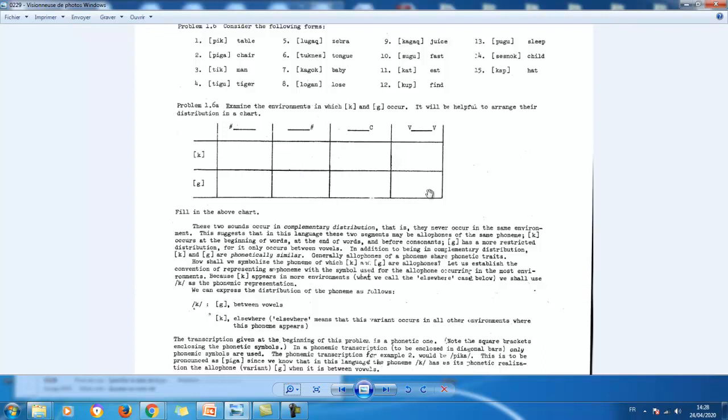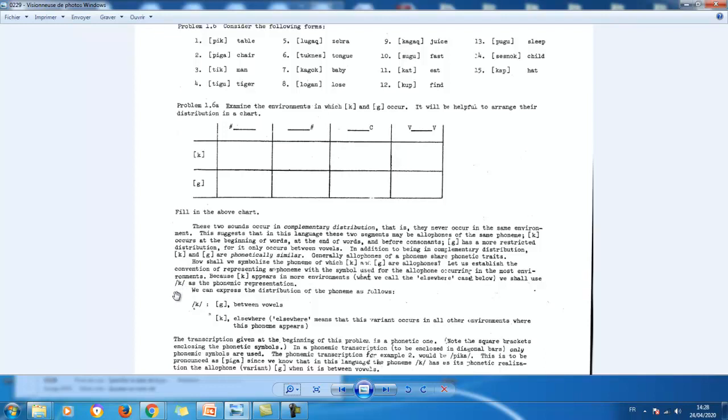It occurs only in this particular context between two vowels here. So because k appears in more environments, what we call the elsewhere case below, we shall use k as the phonemic representation, which means that k is the phoneme and it has got two realizations.